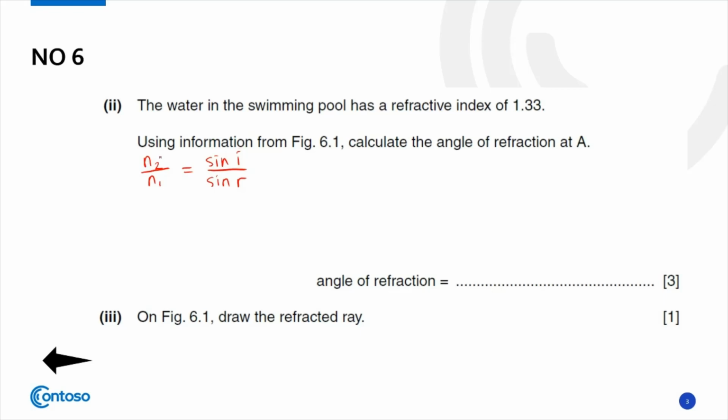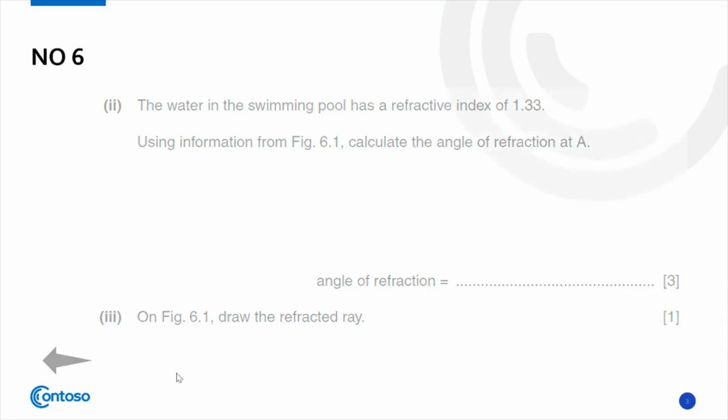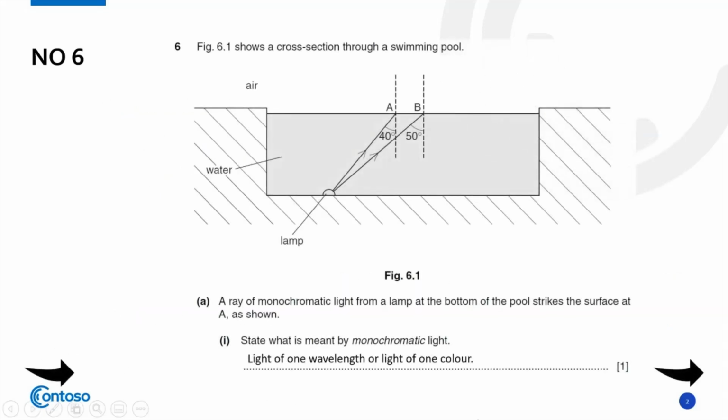To know which one is N2, which one is N1, which one is I, and which one is R, we have to go back to figure 6.1. From figure 6.1, we can see that the angle of incidence at A equals to 40 degrees. Remember, the angle of incidence is measured from normal, this is the normal, to the incident ray.